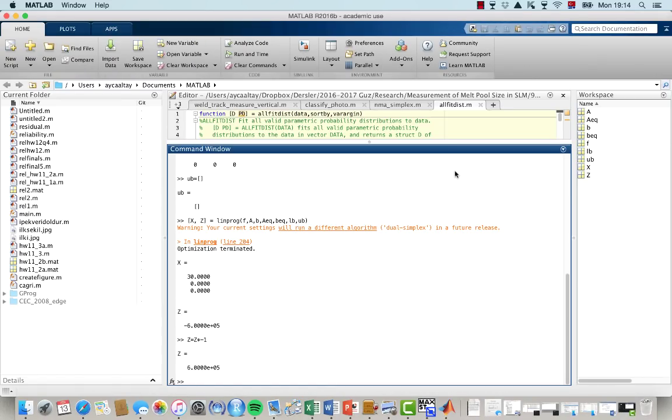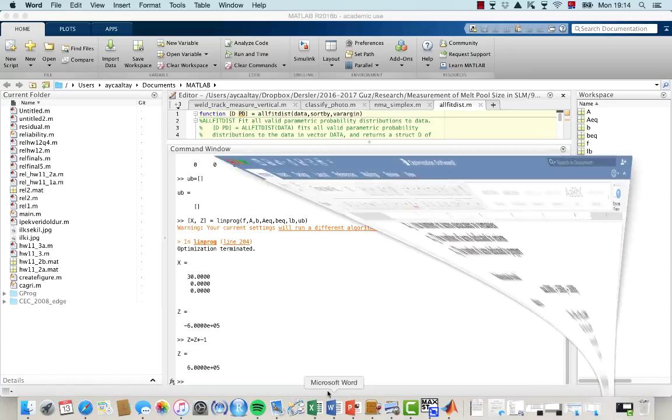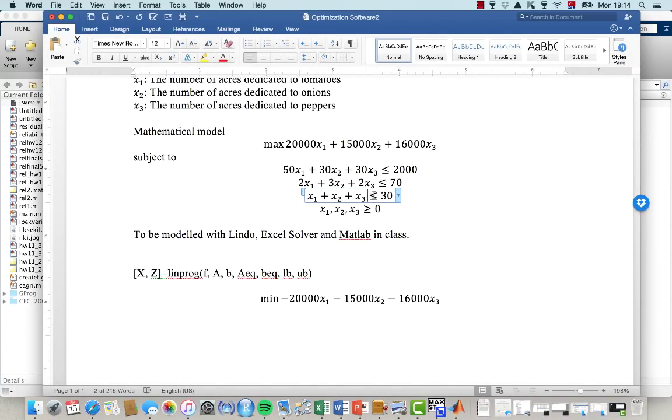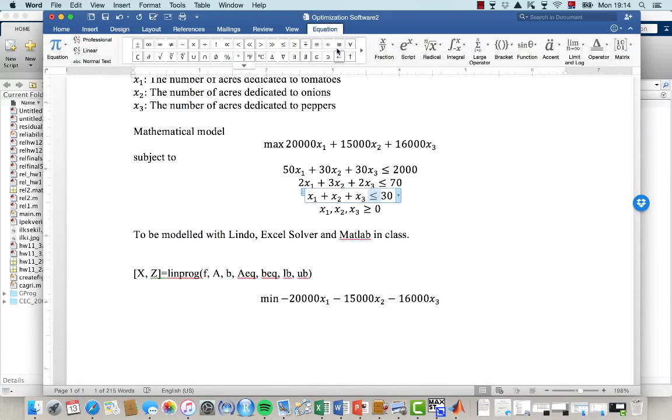Of course, you might ask, we covered less than or equal to constraints and equality constraints. What about greater than or equal to constraints? Actually, you can turn them into less than or equal to constraints. Let's say that this constraint is a greater than or equal to constraint. Then multiplying it by -1, you get the same constraint in a less than or equal to way.